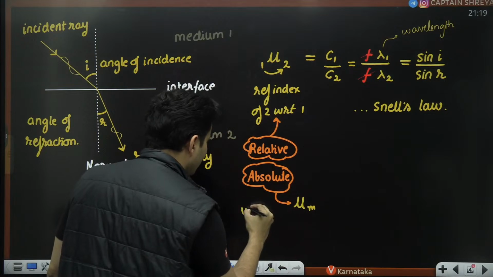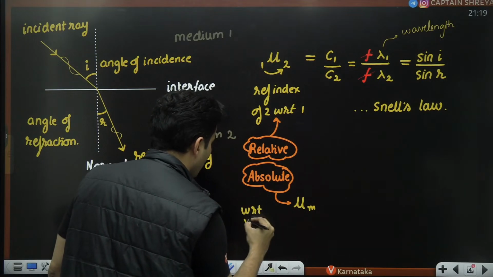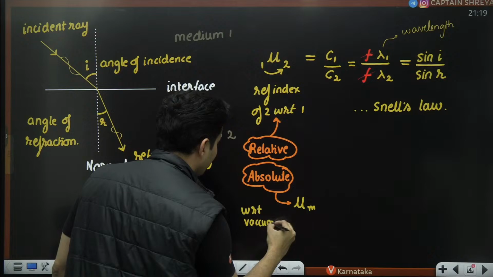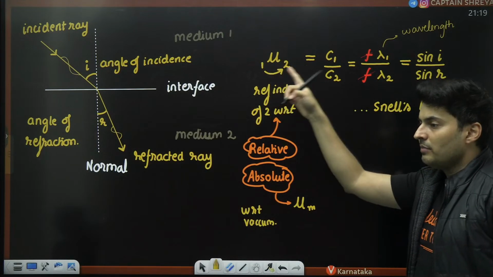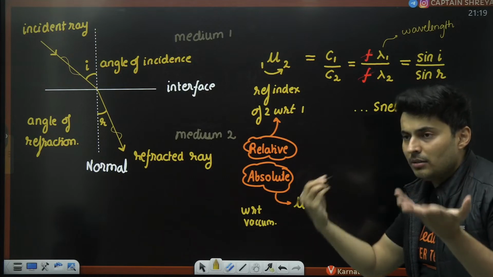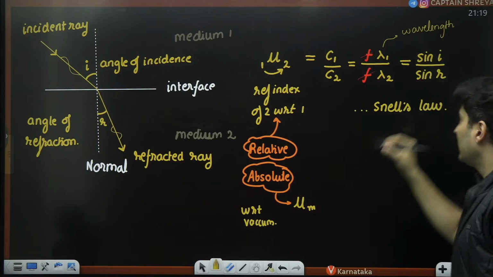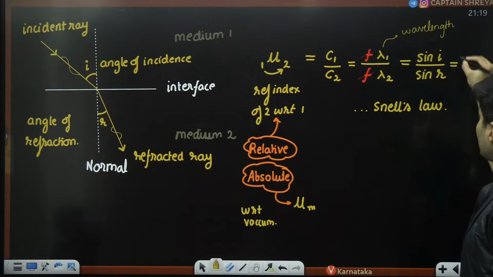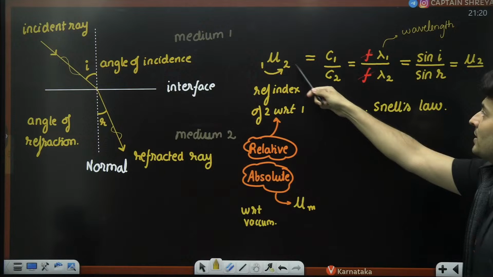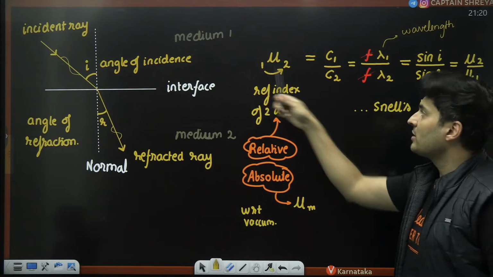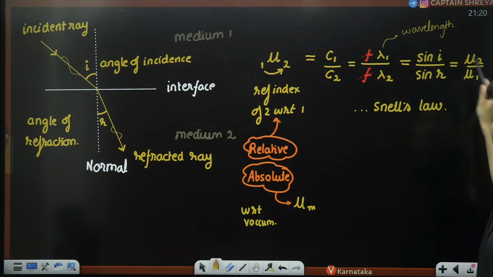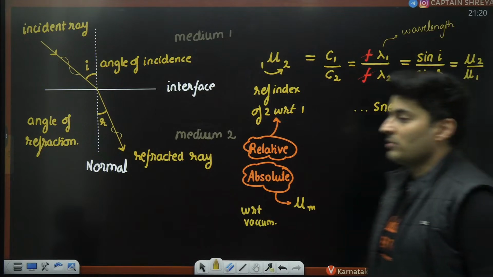This is always with respect to vacuum. And when you write 1 mu 2 in terms of the absolute refractive indices, you can also write it as second term first. The second medium will come first in the numerator, then the first medium comes in the denominator. That is how the ratio comes out to be.